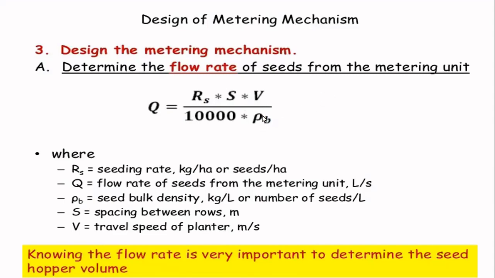And the density is also taken into account. You want to divide by density, the seed bulk density, kilogram per one length. Suppose 1 meter spacing of the seed tube, how many kilograms of seed will fall down?